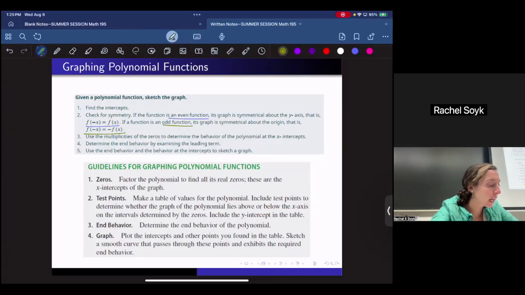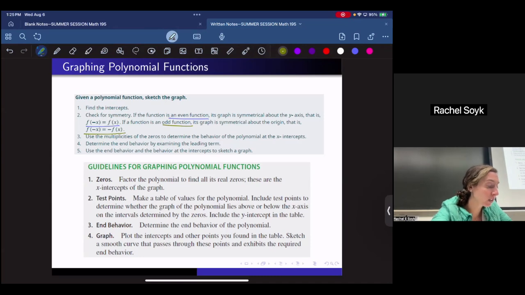We utilize these definitions to check for symmetry and reflections about the x-axis as well as the y-axis. And then we use the multiplicities to determine the zeros, the x-intercepts, and if there's any bouncing or straightening through taking place, as well as determining end behaviors.